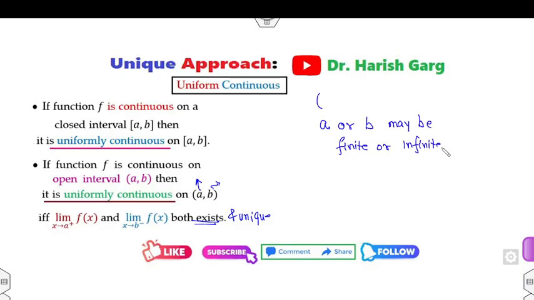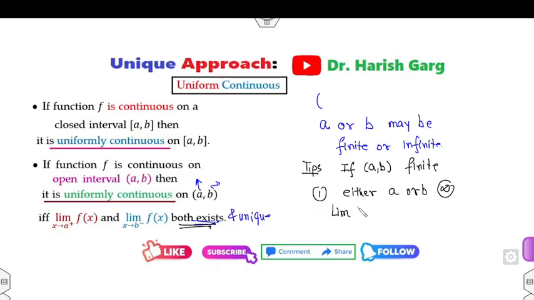A simple thing to remember: if a and b are finite, then both limits must exist. However, if either a or b is infinity, then the limit of f as x approaches infinity may or may not exist. But if they are finite, then it must exist for uniform continuity.